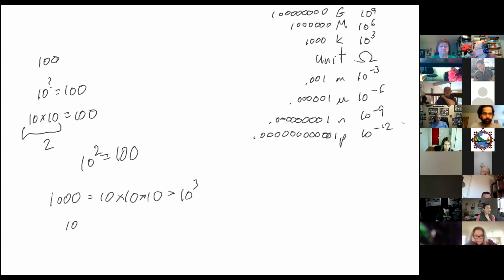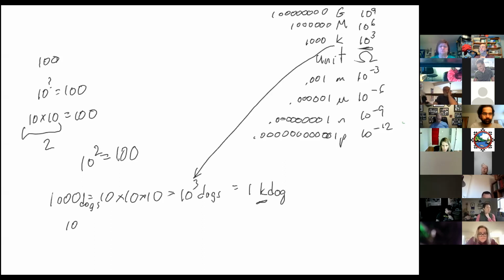Now, that has another unit. So let's say that I have 1,000, let's say dogs. You have a kilodog. That's right, I have 1 kilodog, because kilo is 10 to the third power, and I can just substitute the little letter k for that.